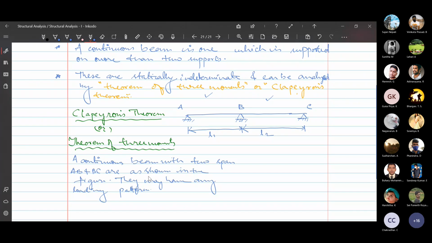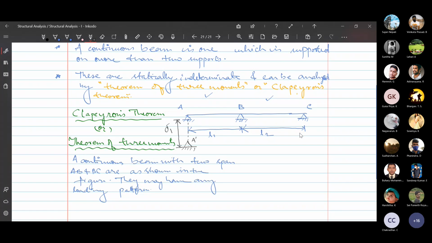Okay, so now let us say that this end over here has displaced. Let me change the color of the ink. Let us say it is displaced to a point A dash, and this distance is delta 1.